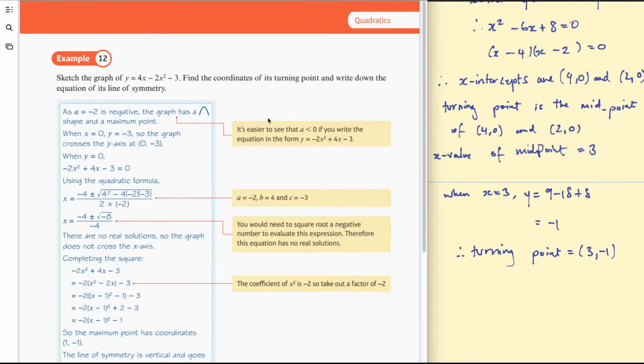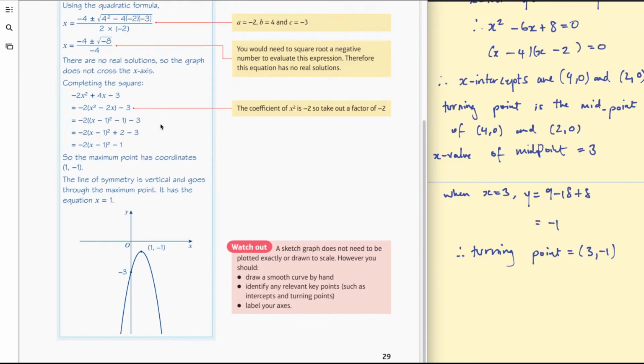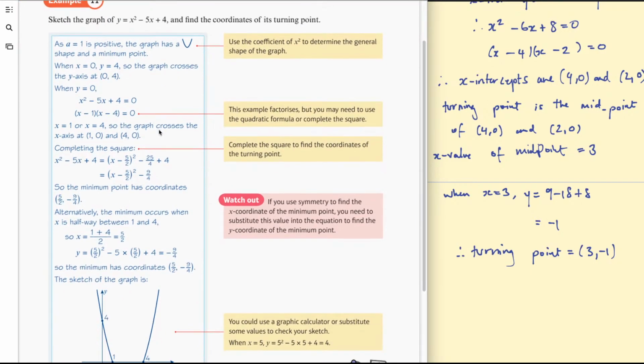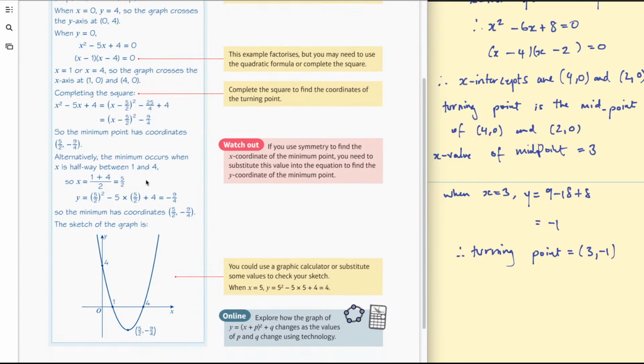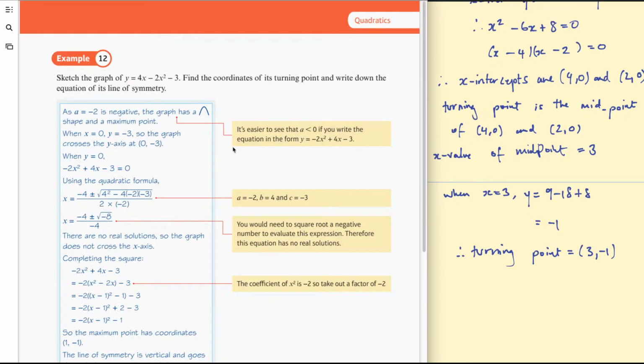Okay, I just want to see if they use completing the square. Yes, so they said alternatively the minimum occurs when x is halfway between 1 and 4. So you could write all that, but I generally encourage you to use as little writing as possible. It's just more efficient, so you can summarize that in your own way.